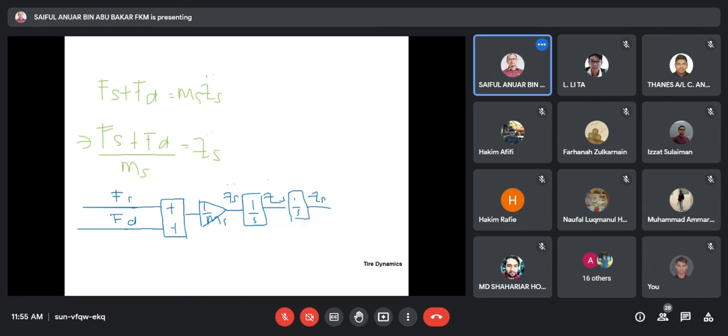For the moment, for the first equation, we just let it hang like that because we haven't completed it yet.